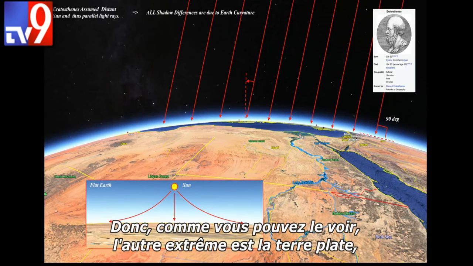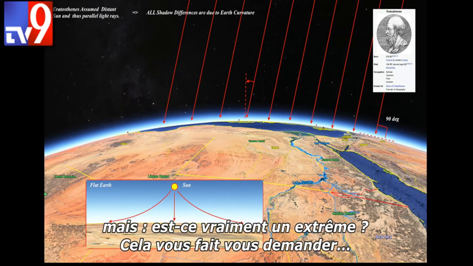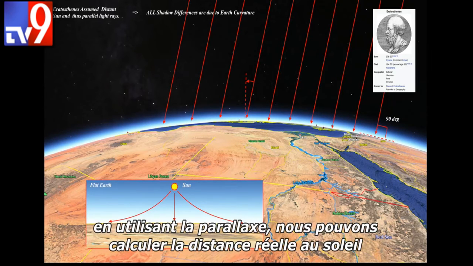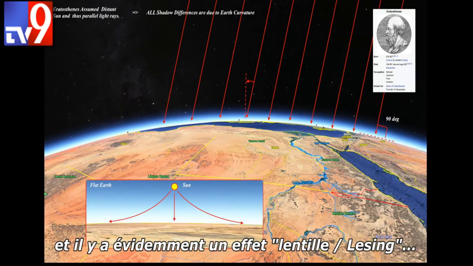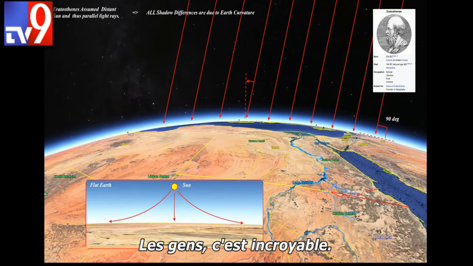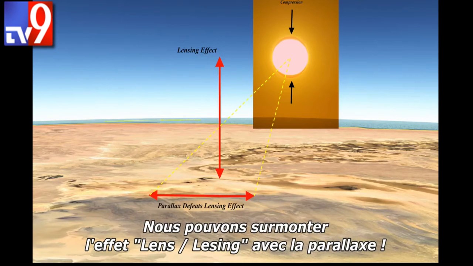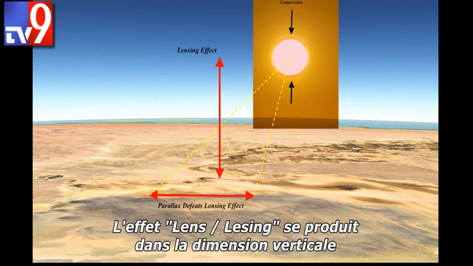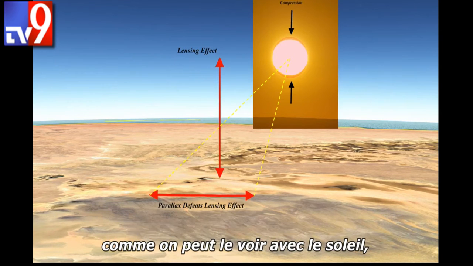So as you can see, the other extreme is the flat Earth. But is it really an extreme? Makes you wonder. Using parallax, we can calculate the true distance to the sun, and there's obvious lensing going on. Incredible stuff, folks. We can defeat the lensing effect with parallax. The lensing effect occurs in the vertical dimension, as we can see from the sun.